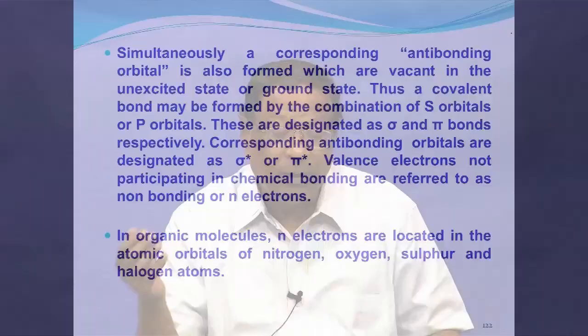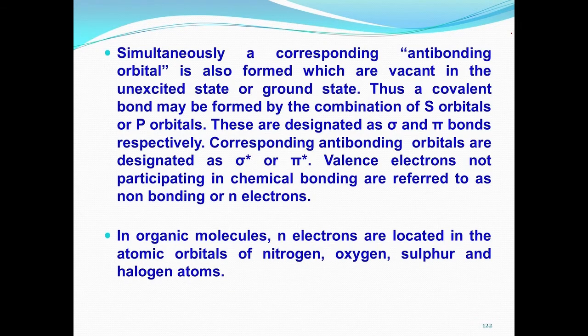A covalent bond, a sigma bond, an ionic bond, we talk of all these things. A covalent bond is normally present in most organic substances, formed by the combination of s orbitals or p orbitals of carbon atoms and several other atoms also.